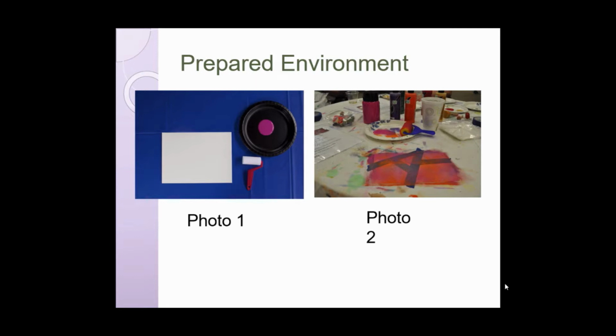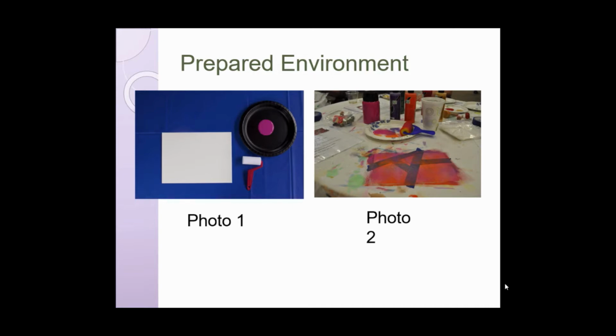There's high contrast, so we have a dark blue tablecloth and white paper, as well as bright pink paint on the black plate. There are no extra supplies scattered around like jars of paint or cups or extra material. The tablecloth isn't patterned or messy, which can be very distracting. So photo one is setting someone up for success.